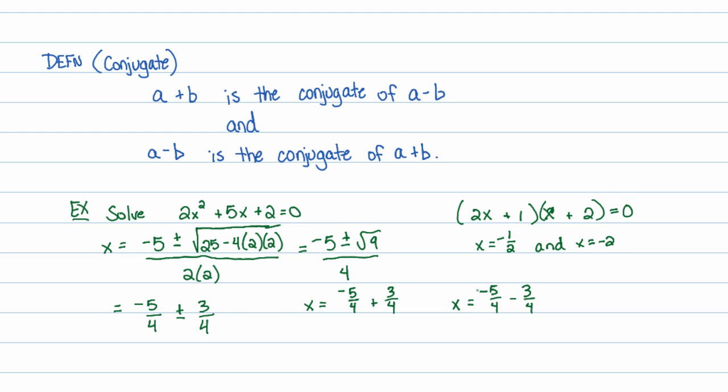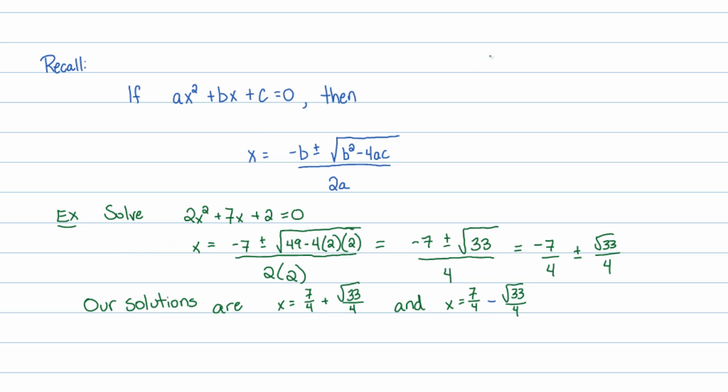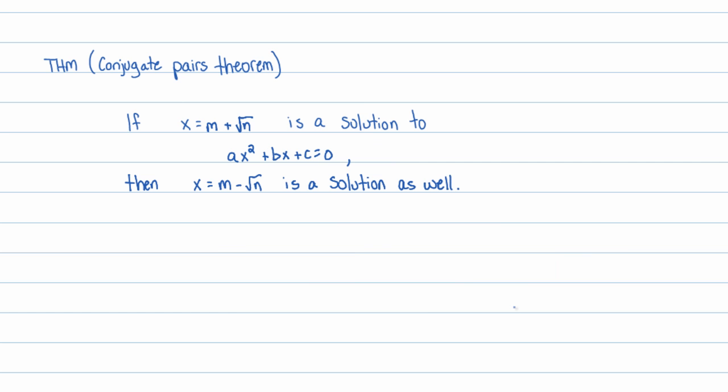You can see from our previous sub-example here that if I can guarantee 7/4 plus the square root of 33 over 4 is a solution, then 7/4 minus the square root of 33 over 4 must be a solution. Now let me write that down.